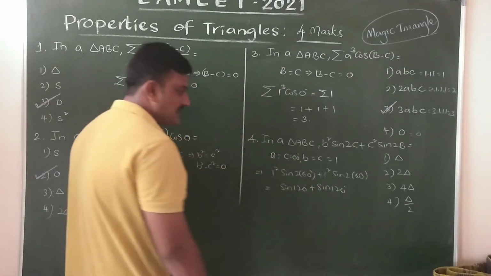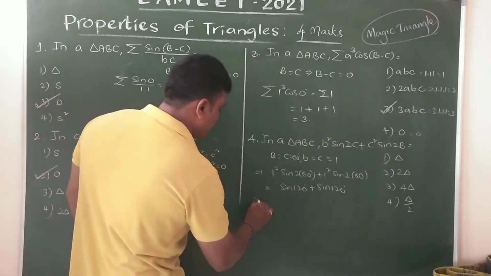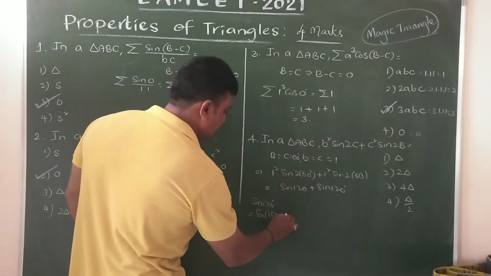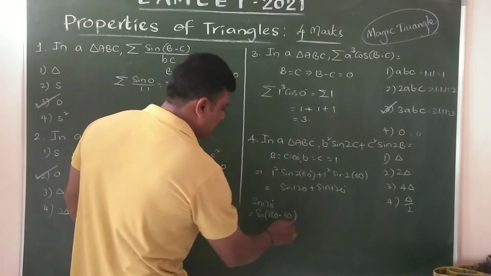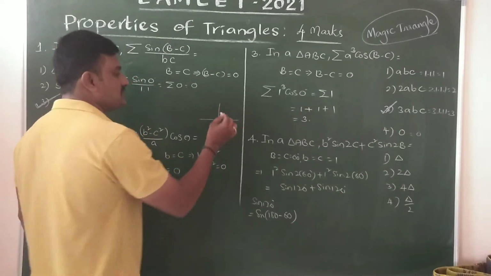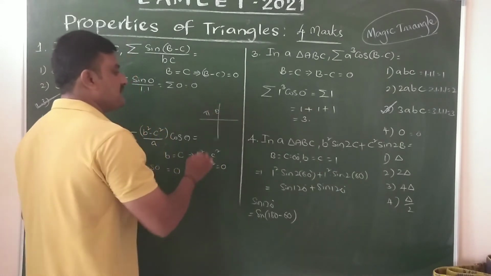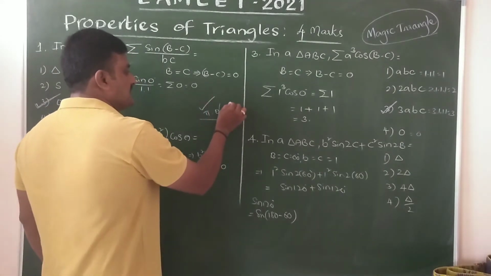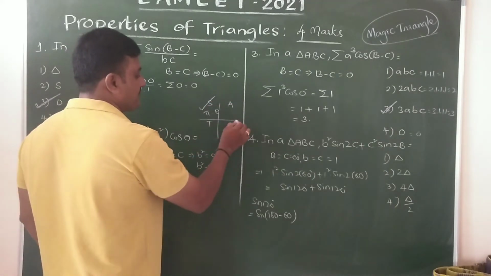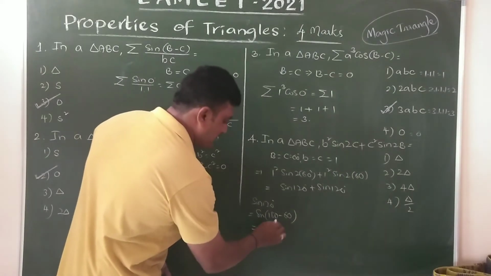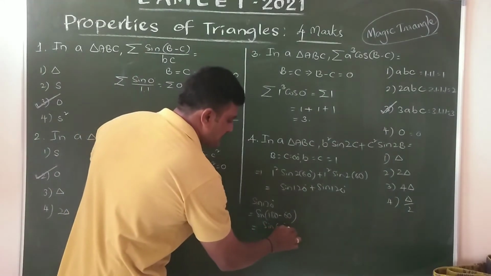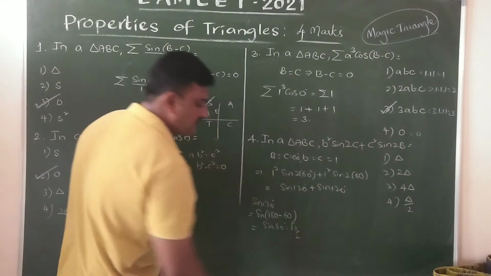Okay, what does sin 120 equal? We know sin 120 is sin of (180 minus 60), yes or no? It is 180 minus theta, which belongs to the second quadrant, where sine is positive. For 180 minus theta, sine is the same ratio, and sin 60 is nothing but root 3 by 2, yes or no?